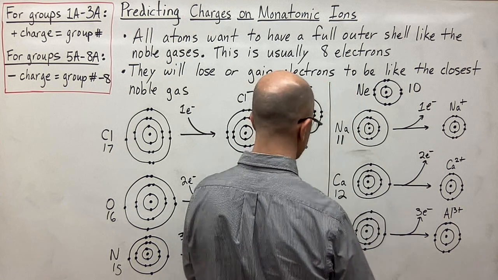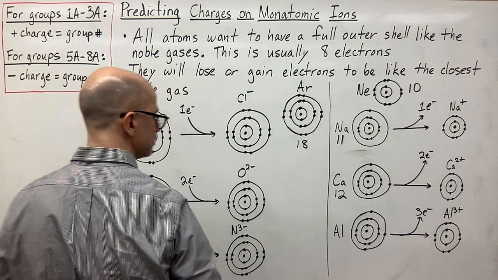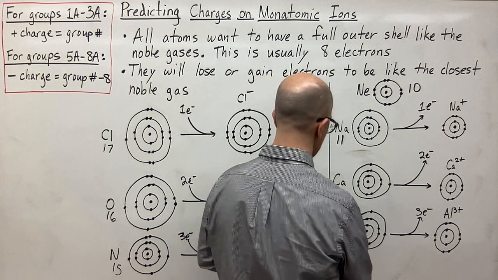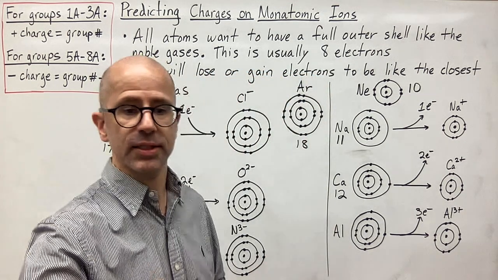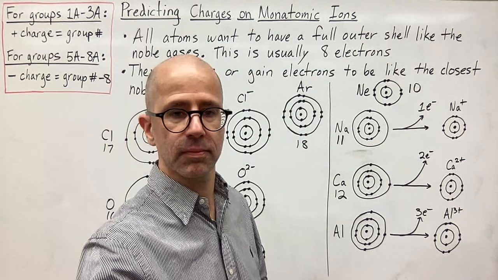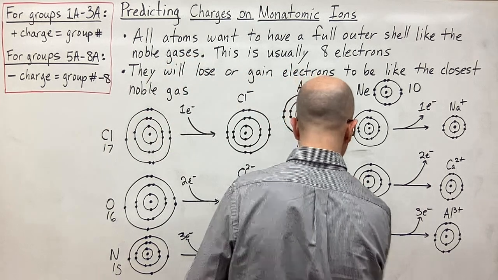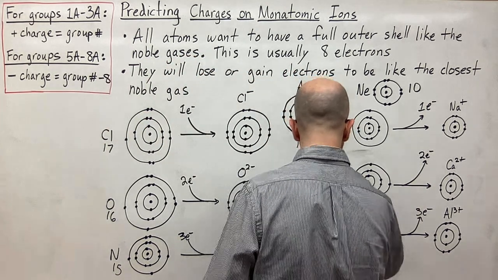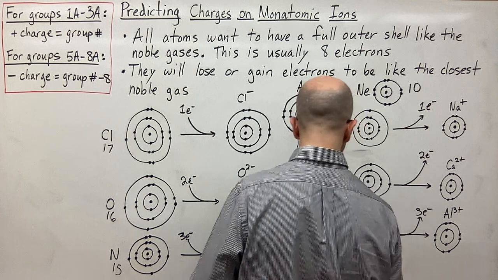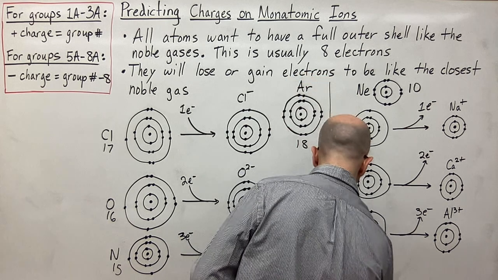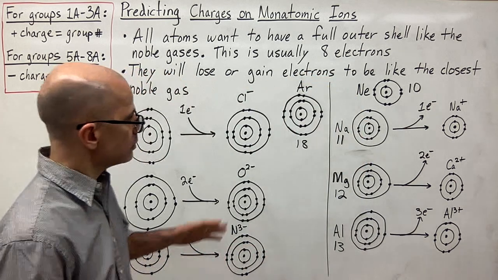Oops, that's not calcium, that's 20. Hold on a second. That should be not calcium, magnesium. Number 12 is magnesium. And then number 13 is aluminum.